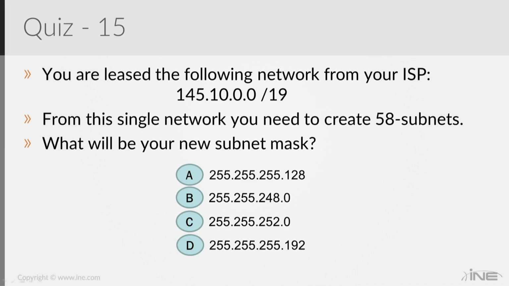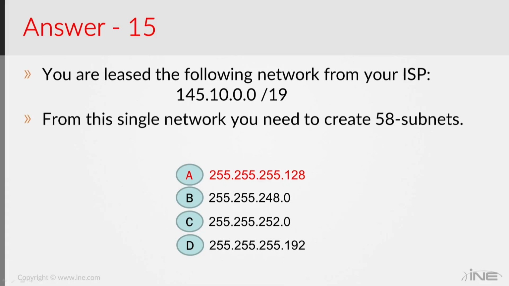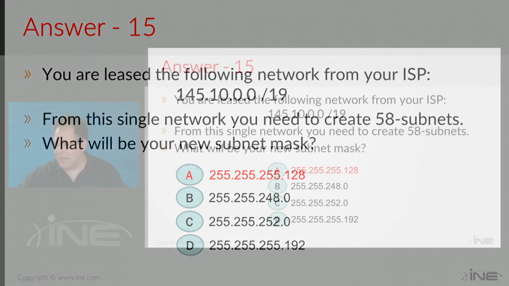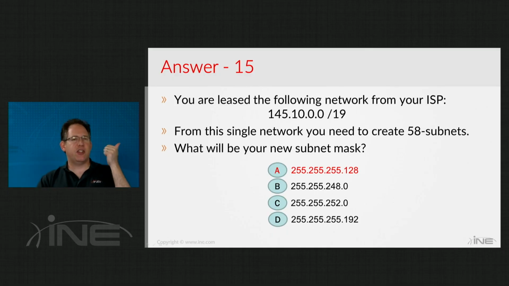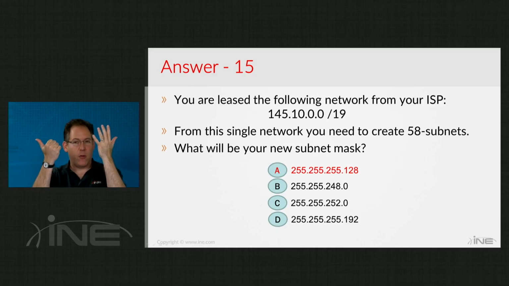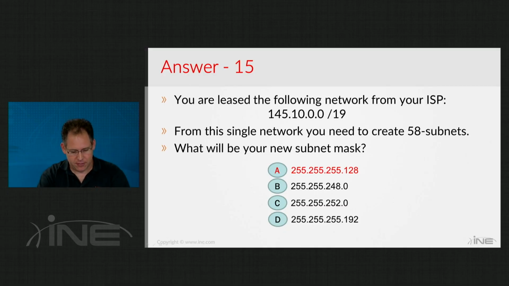Time's up. There's your new subnet mask. So how did you come up with that? Here's how I would do this. Well, 58 subnets. Let's see. 2 to the power of 1 is 2, 4, 8, 16, 32, almost there, 64. So I need to steal 6 bits.